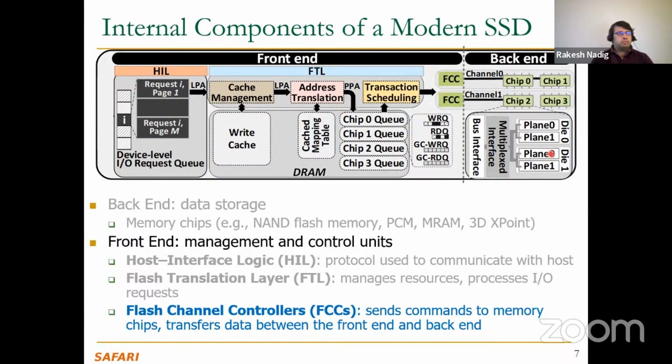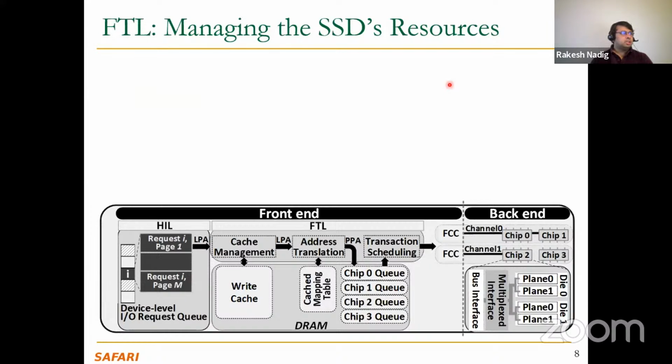And then we have the flash channel controllers, which are the components that send the commands to the actual flash chips, and also transfer data between the flash chips and the front end. So these are the components of the front end and the back end of the SSD.